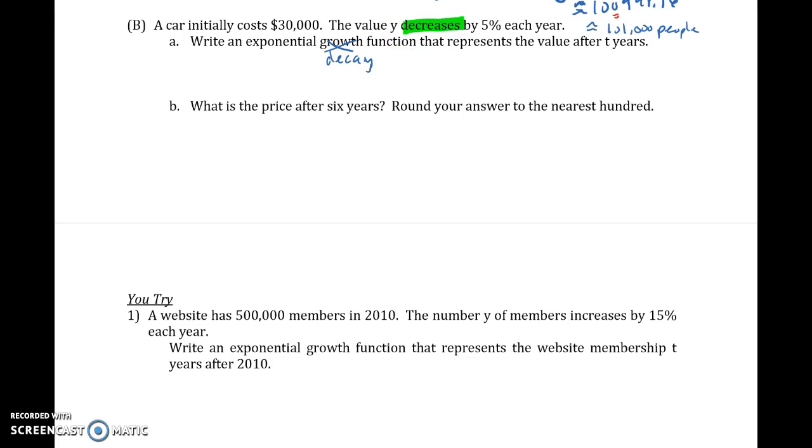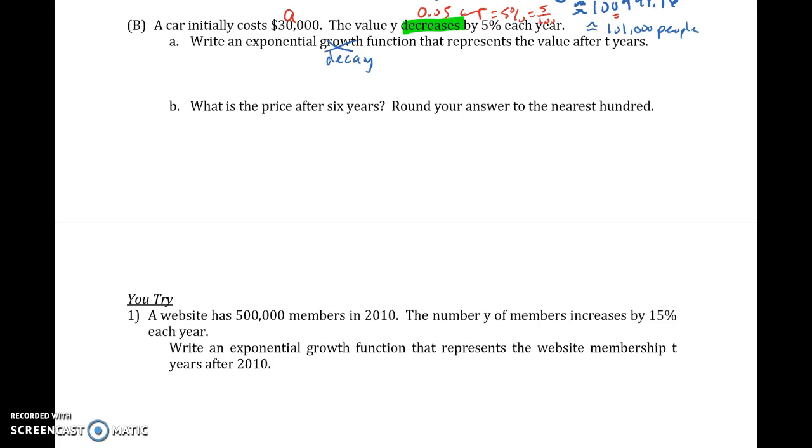Okay? So once again, start with identifying what we know. So the initial amount, A, the rate of change is the percentage, R, and again, we want this as a decimal, so that's 5 over 100, which is going to give us 0.05.